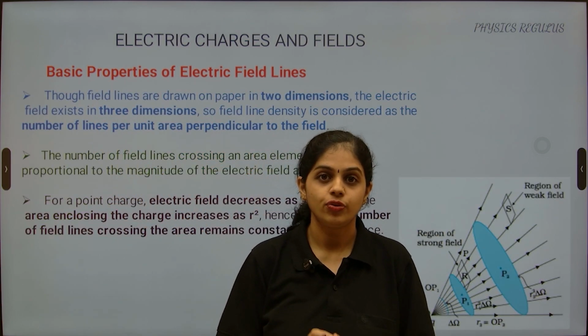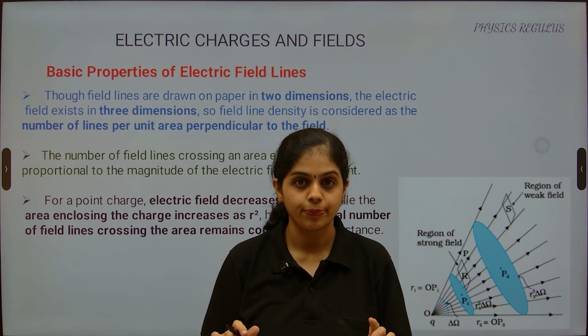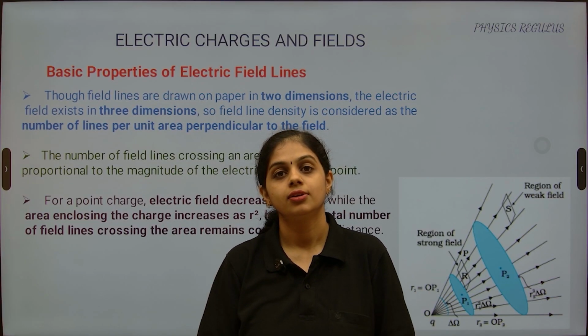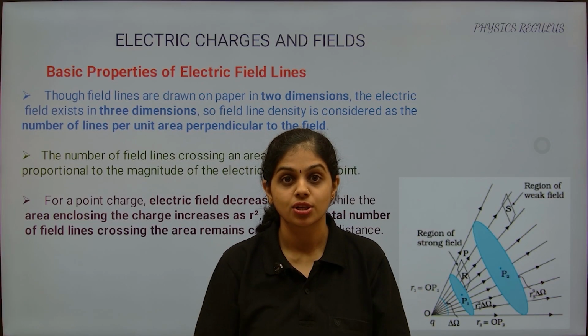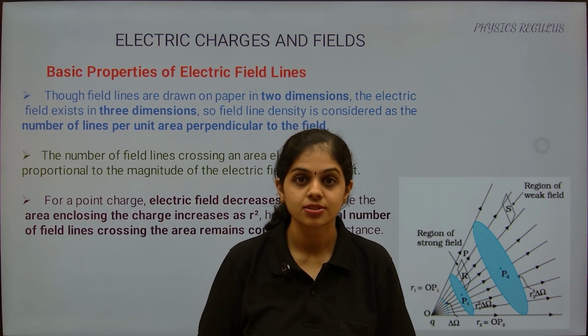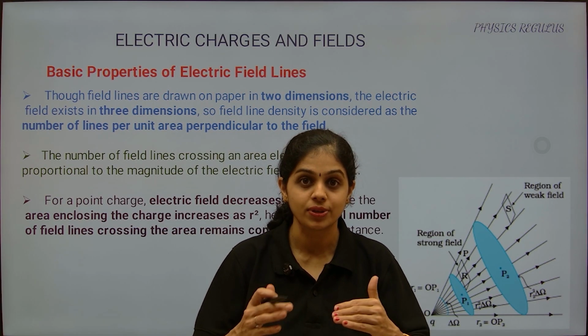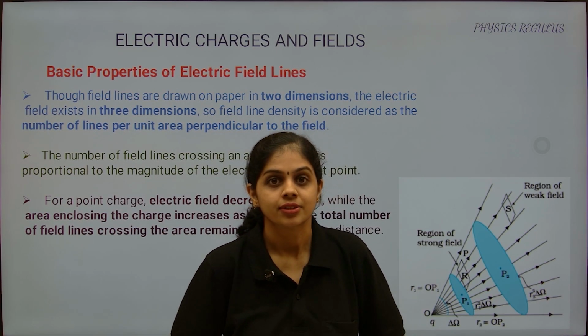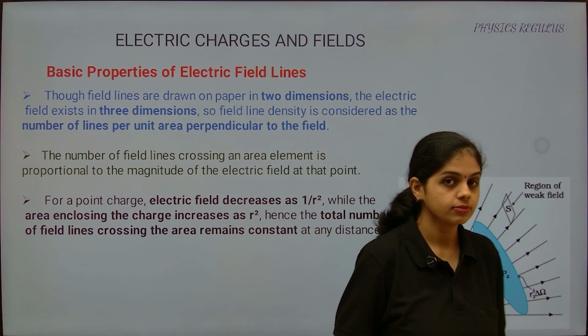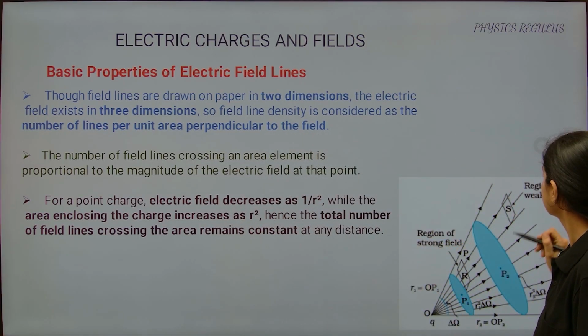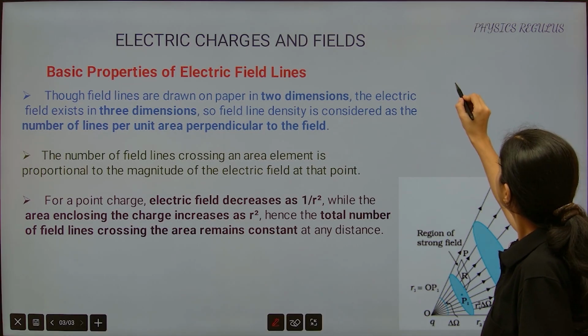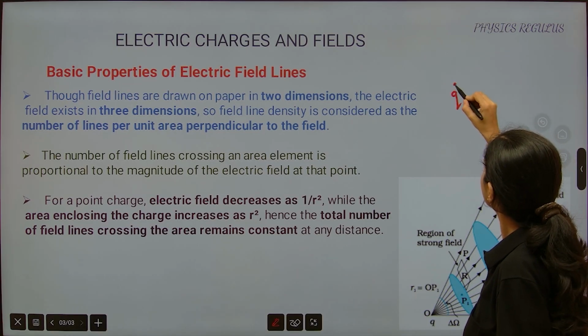When we draw field lines on board or paper, it seems two-dimensional, but electric field is three-dimensional. In 3 dimensions, how to represent strength of electric field? Imagine a point charge, positive point charge.